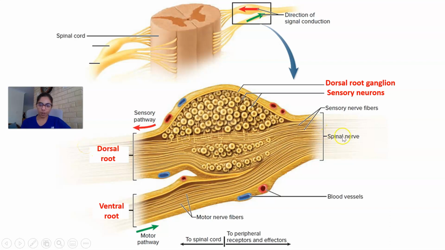If we go back to our mixed spinal nerve, the bottom fork, if you like, is the ventral root. You'll see that there are no cell bodies here. They are inside the spinal cord. This is just the motor nerves, or the afferent nerve fibers.